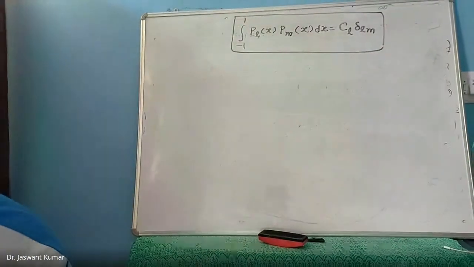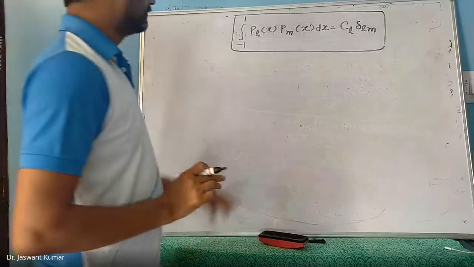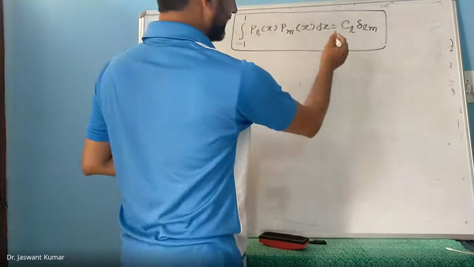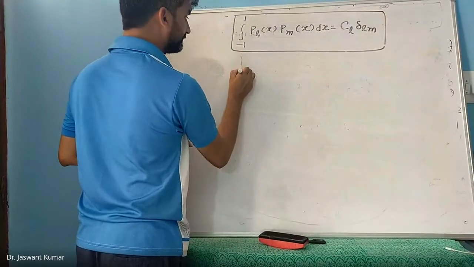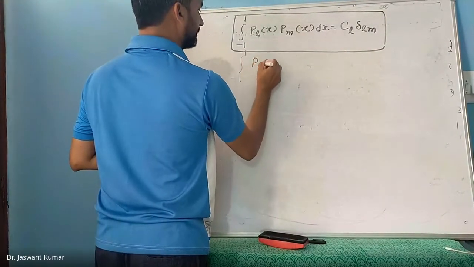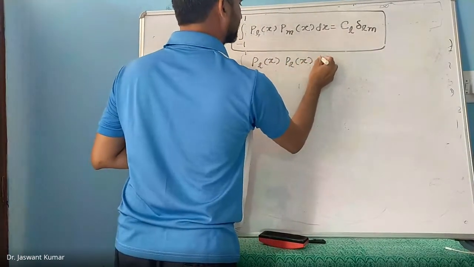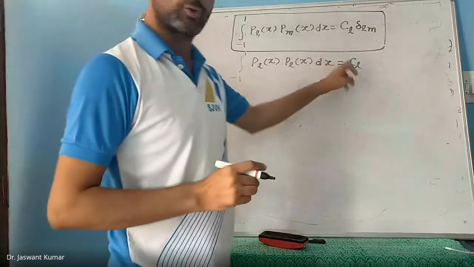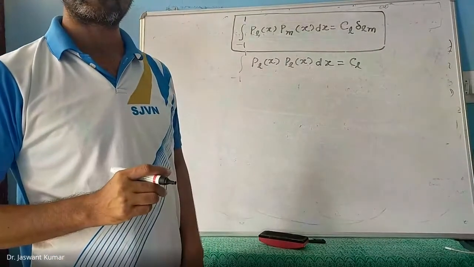Let us calculate what CL is when L is equal to M. So when L equal to M, this is the integral from -1 to 1 of PL of x times PL of x dx. This we know is some constant CL. Let us try to calculate the value of this CL.